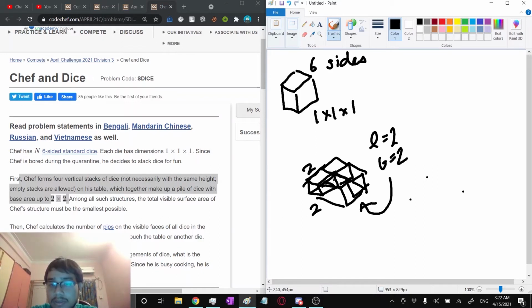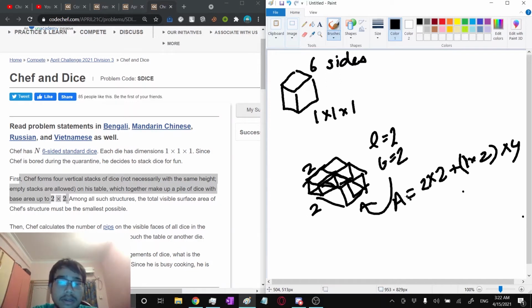So that means how much? 2 x 2, the top area, plus all the sides. Sides have an area of 1 x 2 times 4. So this is the area if there are 4 dice and they are stacked in such a manner.